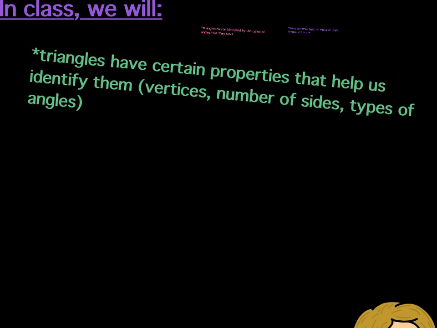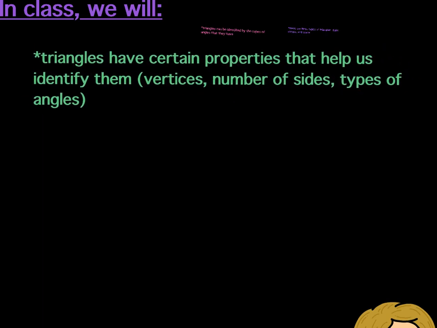So in class we will use the fact that triangles have certain properties that help us identify them. So we'll be looking at vertices, number of sides, types of angles.